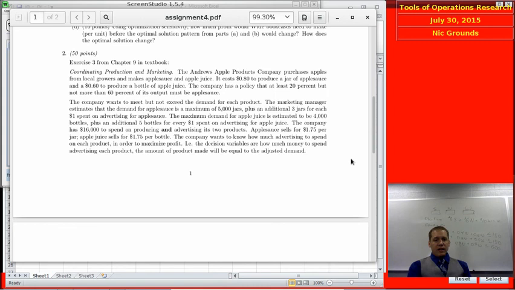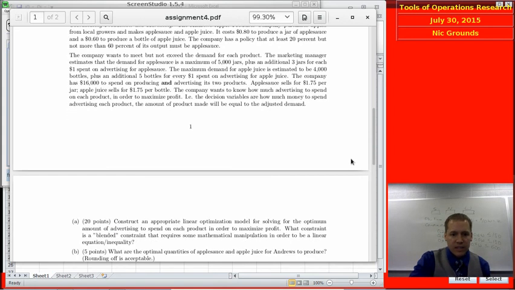So I kind of spell that out. Now I think I also say somewhere here that we choose to spend dollars in advertising. That adjusts the demand, how many you can sell. I think we're going to assume in this model that we sell as many as we can.